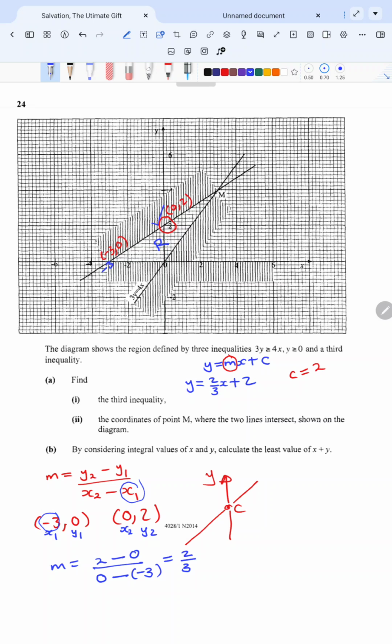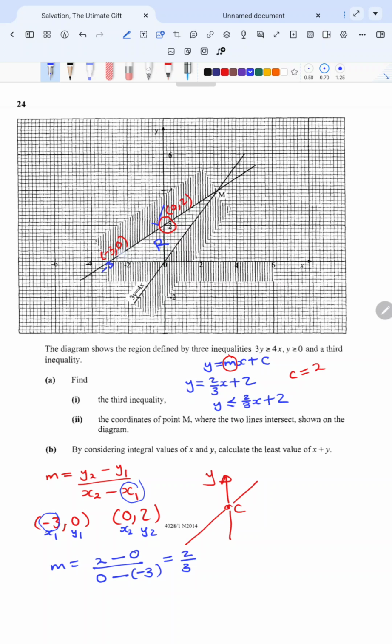So you can notice that R is below the line. Below means lesser. Below means lesser. But since our line is solid, I'm going to use less than or equal to. So I'm going to write y is less than or equal to 2/3 x plus 2. And this is the third inequality. You get yourself 3 marks for that, right?